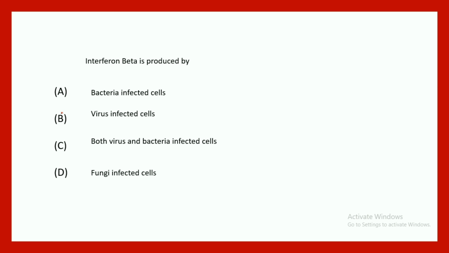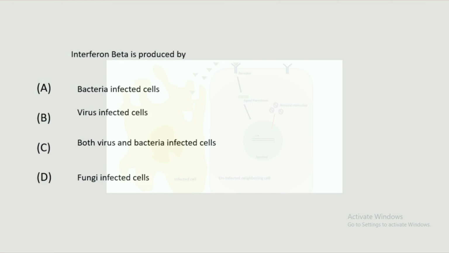Okay, then they ask, interferon beta is produced by what type of cells? Bacteria infected cells, virus infected cells, both bacteria and virus infected cells, or fungi infected cells. So generally these kinds of interferon are generated upon viral infection. If you want to understand how the body fights back against virus, you have to click on the link in the I button.